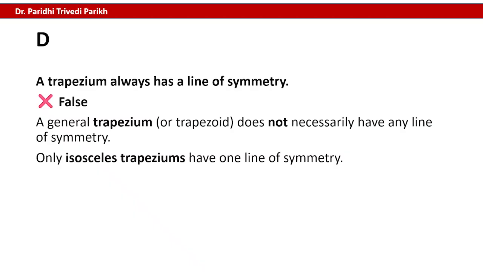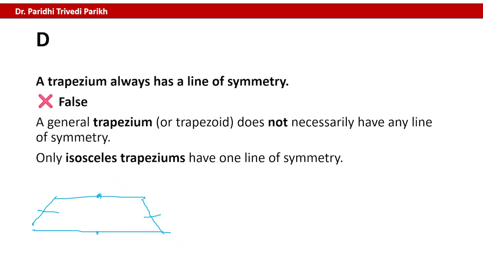That means if at all I draw a trapezium, let me draw it better. An isosceles trapezium means a symmetric trapezium where this equals this and these two lines are parallel, right?